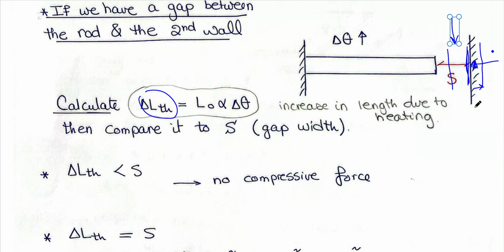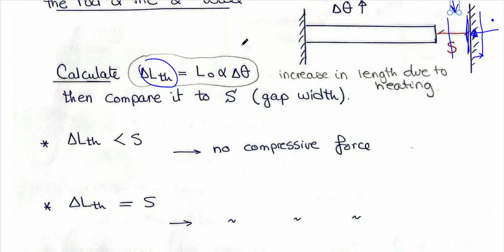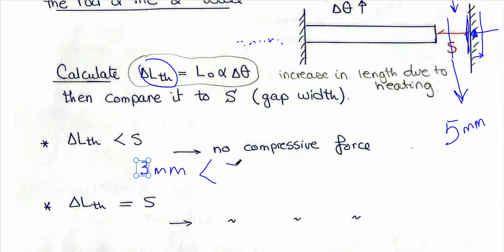As an example, assume the gap S is 5 millimeters. If I calculate delta L thermal and find it is 3 millimeters, 3 milli is less than 5, so I won't reach the wall yet, and there is no compressive force.